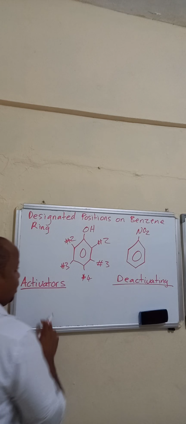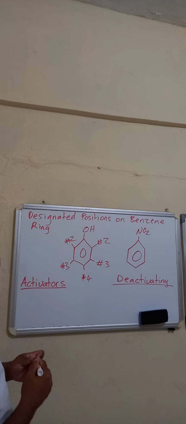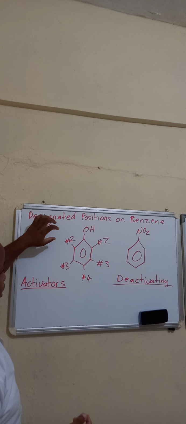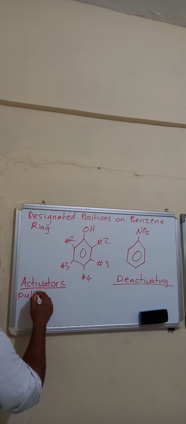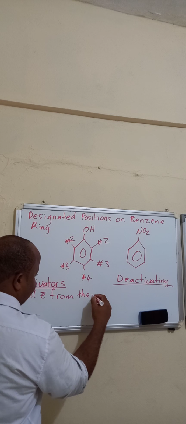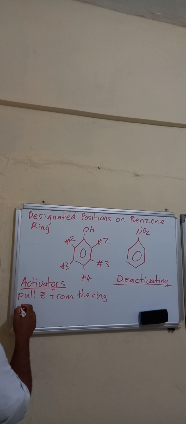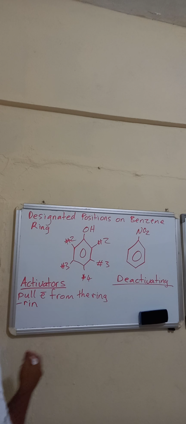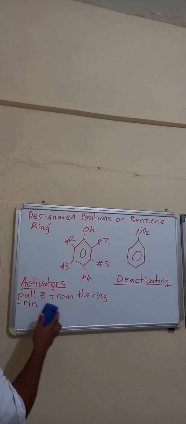Now the deactivating groups, they tend to pull electrons from the ring. And when they pull electrons from the ring, that makes the ring less reactive. Sorry, this is not activator, this is deactivator.